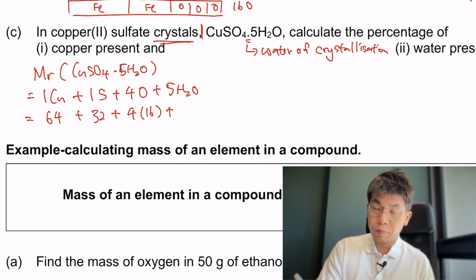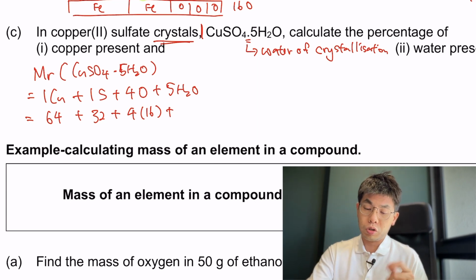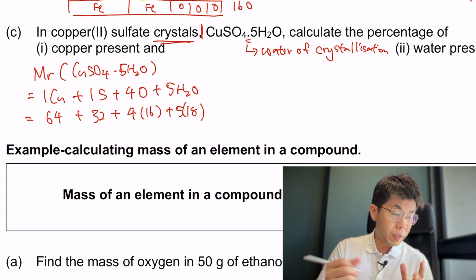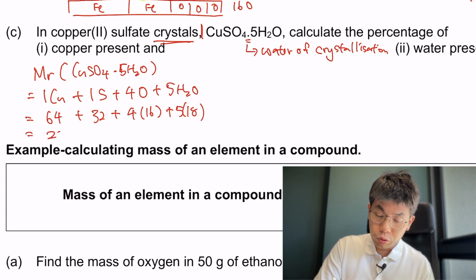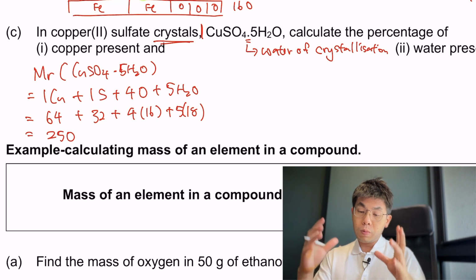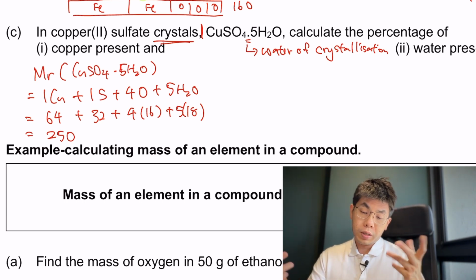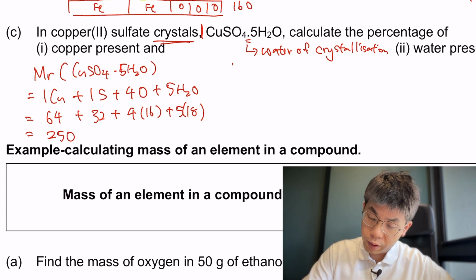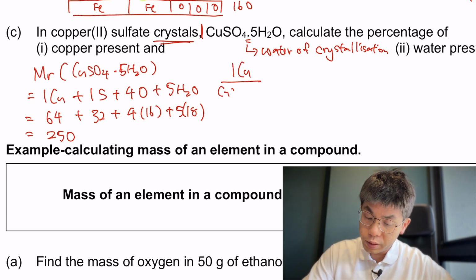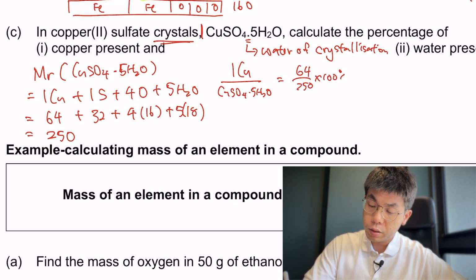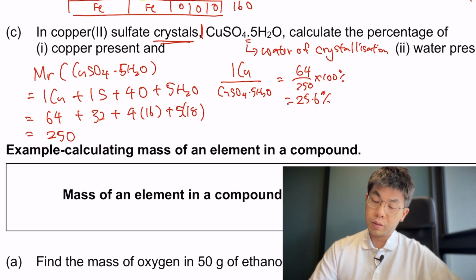And water, 2 hydrogen and 1 oxygen, is a total of 18. You sum that all up together, you get 250. So that's the whole mass of copper sulfate with 5 water of crystallization. Now I want copper, so it's 1 copper over the whole copper sulfate 5H2O, equals 64 over 250 times 100%, and that would give me 25.6%.